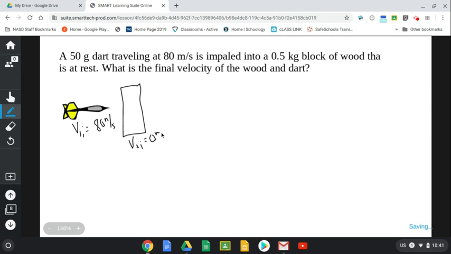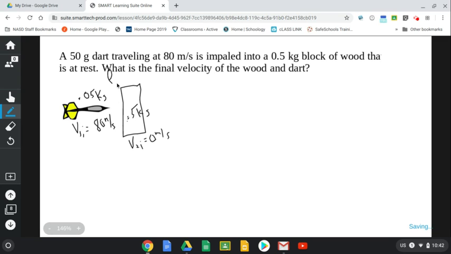This object is at rest. The block of wood is 0.5 kilograms. And the dart, don't get caught, 50 grams. Got to divide that by 1,000. So 0.05 kilograms.